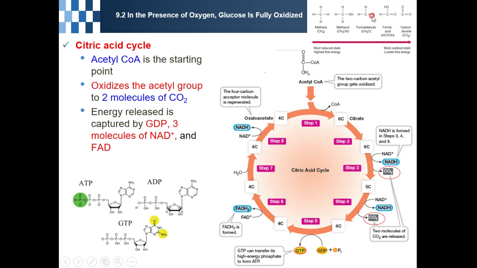So it means that acetyl coenzyme A, starting from the formaldehyde status, makes carbon oxide. So this is exergonic, and during that time energy is released. The energy is captured by GDP, so GDP changes to GTP. Also NAD plus is reduced to NADH, 3 molecules of NADH.